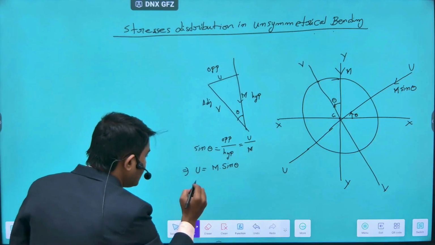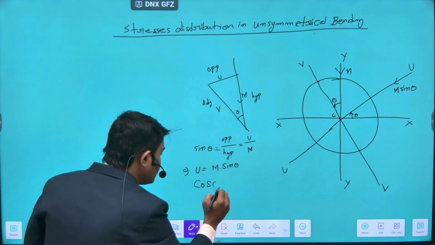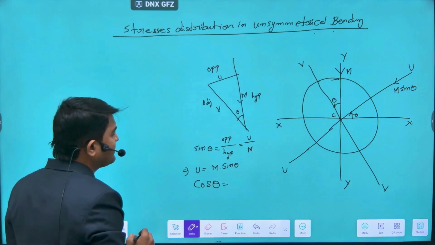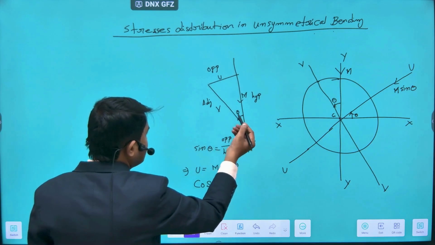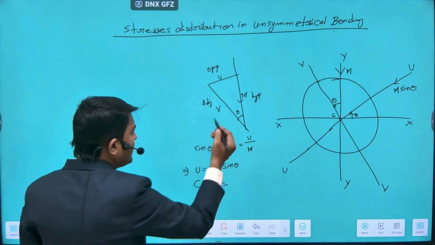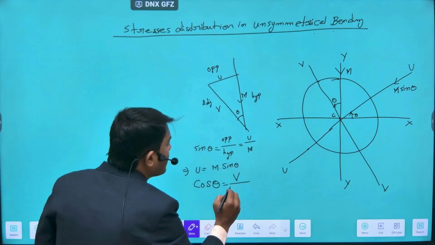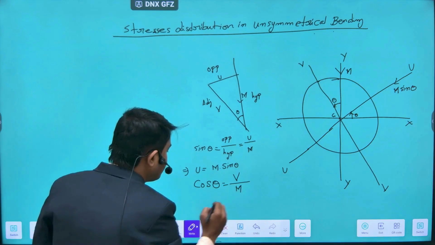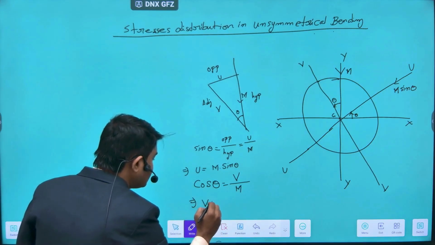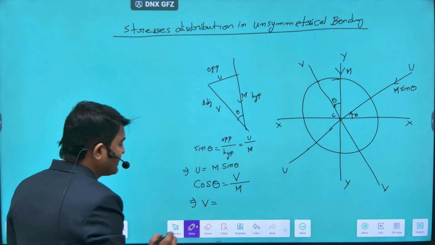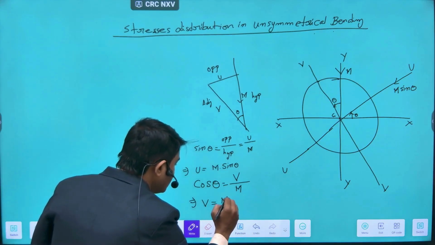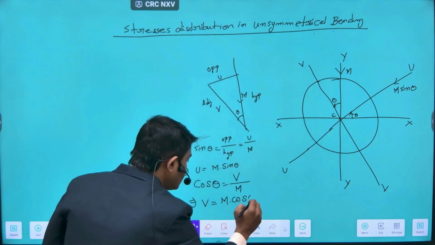Likewise, again I am considering cos. Cos theta, as you know already from the definitions, is adjacent by hypotenuse. Here the adjacent component is V and the hypotenuse is M. So what is the stress component along the VV axis? V is equal to M cos theta.